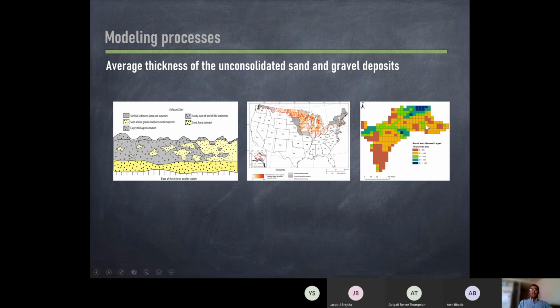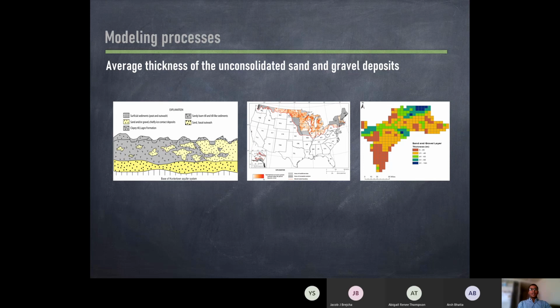If you can see the rightmost figure, I'm incorporating this information from the middle or from the left of the illustration. So basically I'm dividing the whole area into grids, and saying, each of the grids has a thickness, that particular layer has a thickness of that many feet or that many meters.